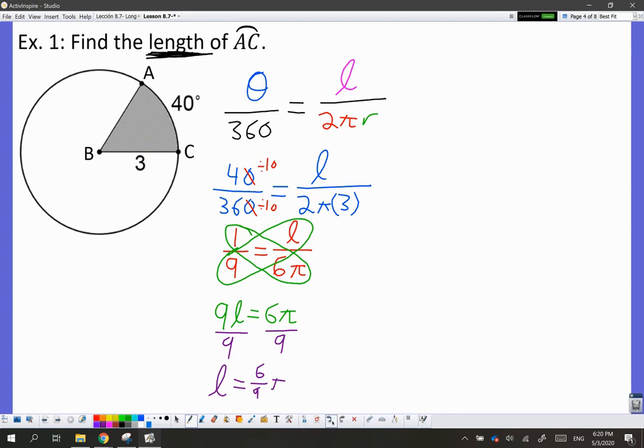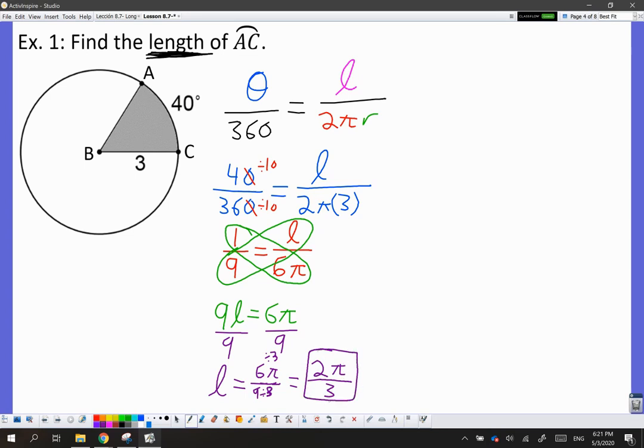I can write the pi on the side like this, or I can write it together up on the top like this. But 6 over 9, now here's another thing though, because if I ignore that pi, 6 over 9 is a fraction that I can reduce. I know that if I divide the top by 3 and I divide the bottom by 3, then that works out for me. 6 divided by 3 is 2, and I bring the pi back. And on the bottom, 9 divided by 3 is 3. Now there's nothing else that I can reduce, so my answer in exact form is 2 pi divided by 3.